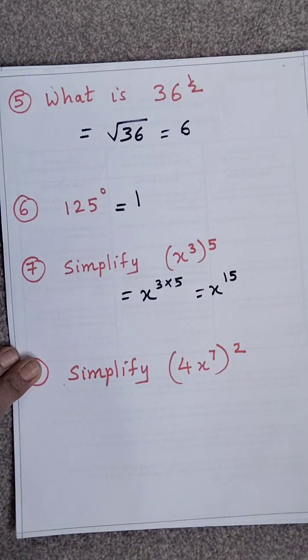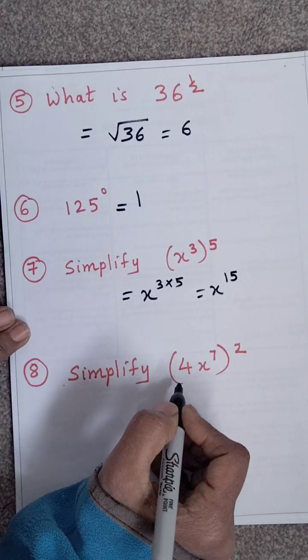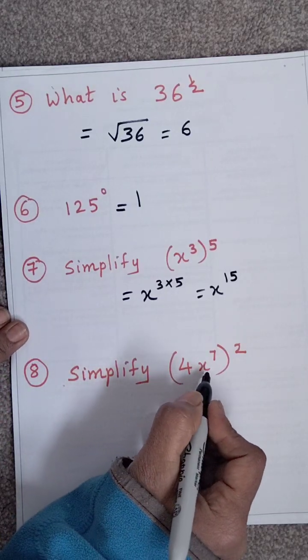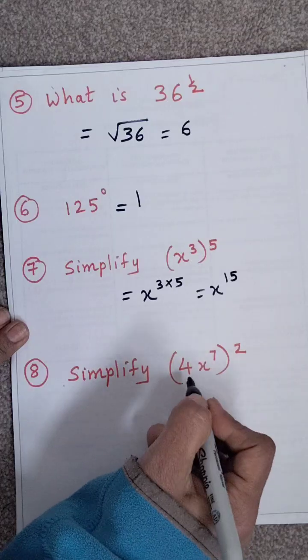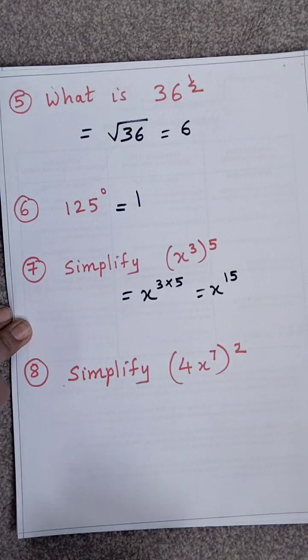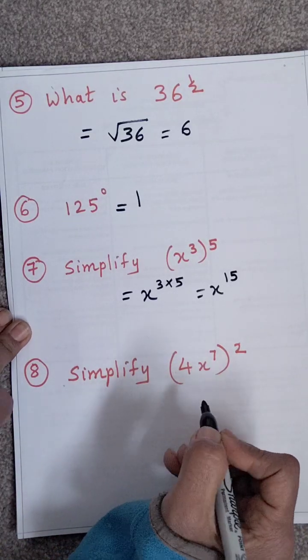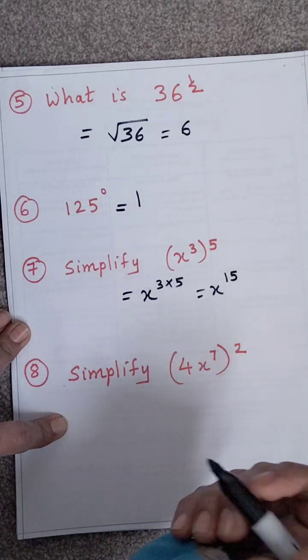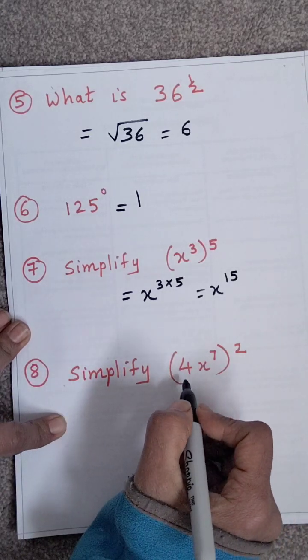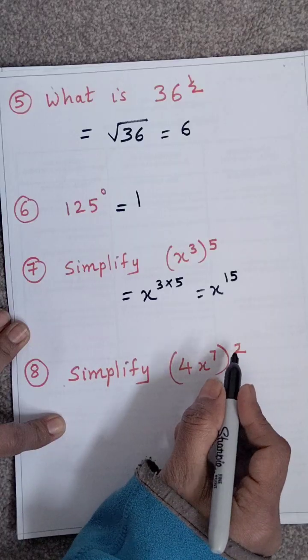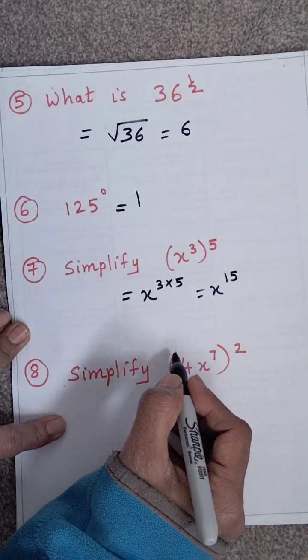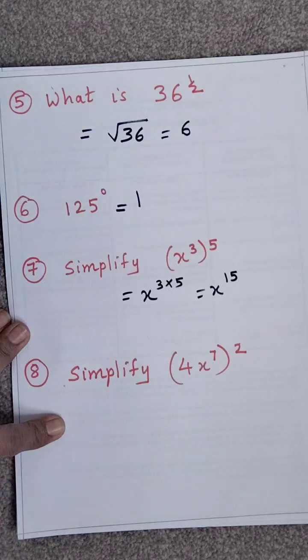Okay. Now another one. Simplify 4x raised to 7, the whole square. Here we have a number and letters, so let us do it step by step. We go for the numbers first. 4 square, and there is a bracket here, so the bracket applies to both 4 and x raised to 7.